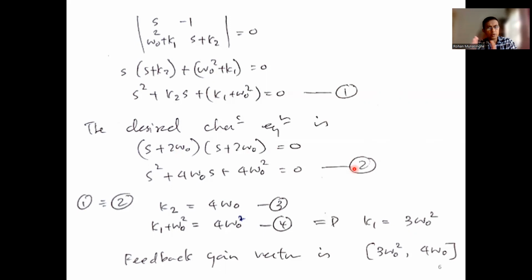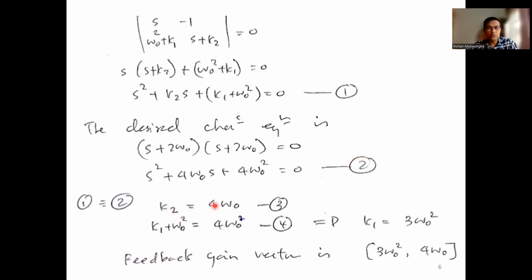Okay. If you know the poles of the plant, you get the first order blocks, multiply together, and that is the characteristic equation. So equation 1, 2, you're talking about the same thing, right? You equate them, and you can see s square, K2 s, 4 omega 0 s, K1 plus omega 0 square, 4 omega 0 square. So when you equate the two together, 1 and 2, you can write down this equation.